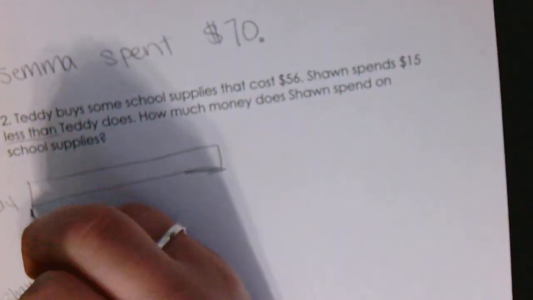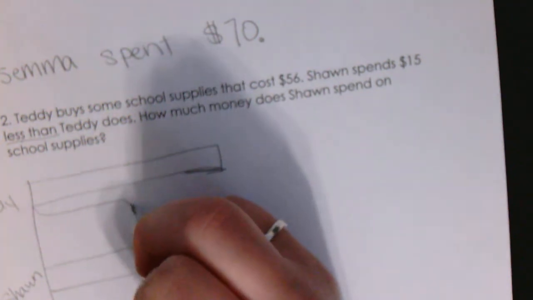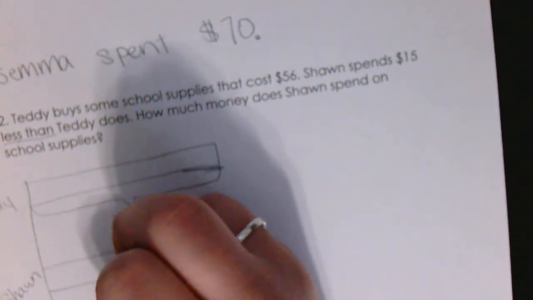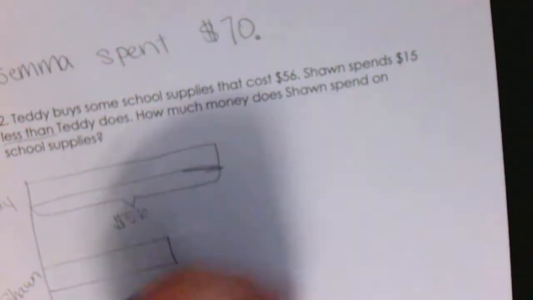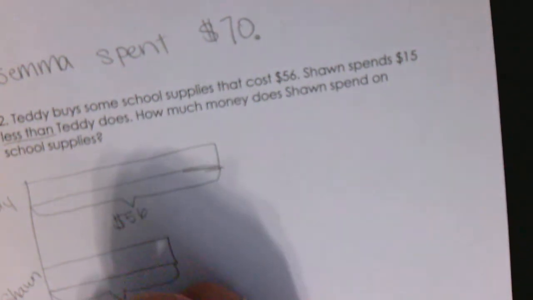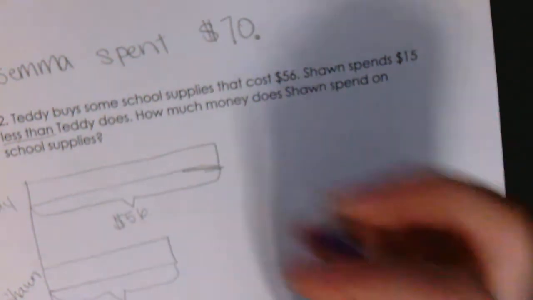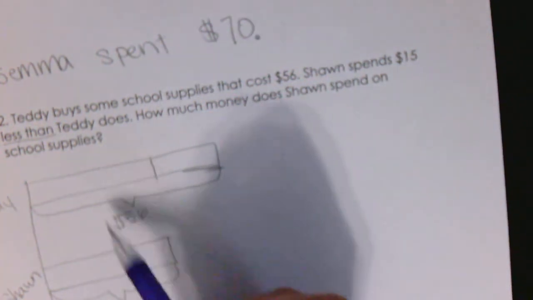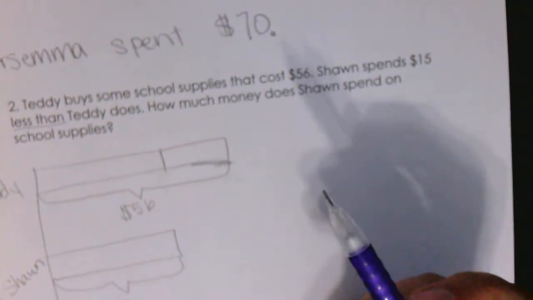And we know that Teddy spends $56. And we don't know how much money Sean spends. So we're going to make these two bars the same size so that we can say same size, same number.